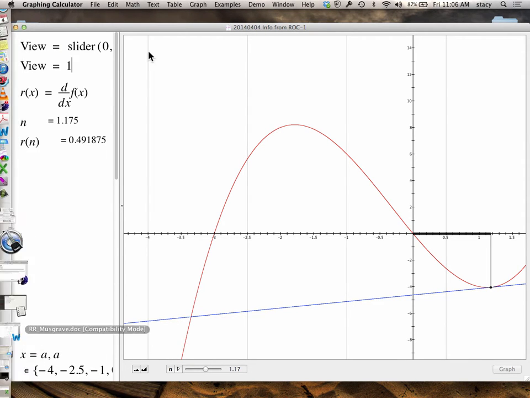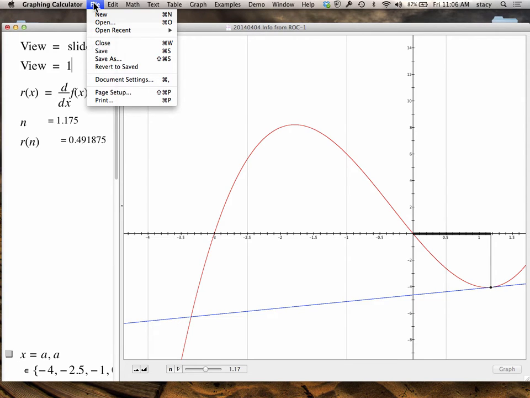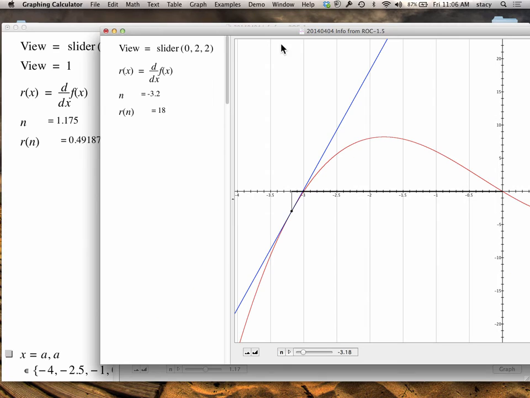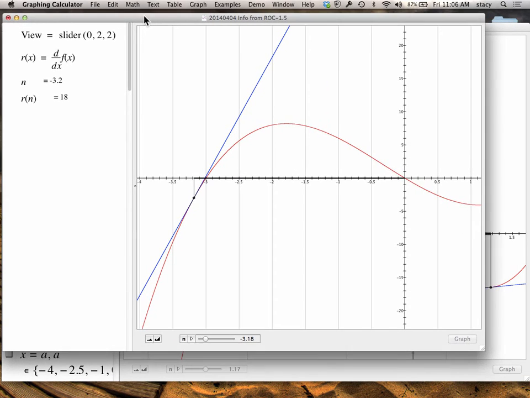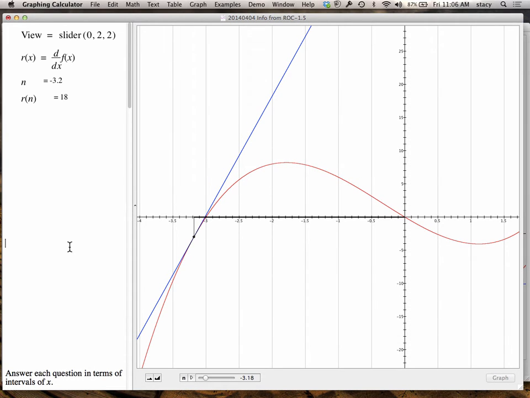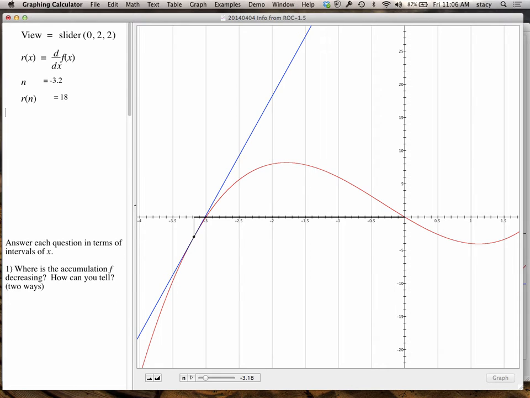Okay, so I've got the same image, the same graph, but I've got some questions for you. Where is the accumulation of F decreasing, and how can you tell in 2 different ways?